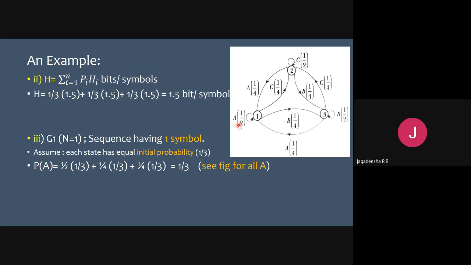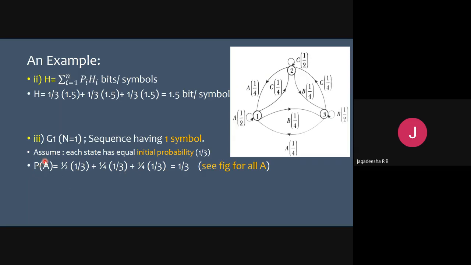So we'll see here, first one. From state 1, it can generate A with probability 1 by 2. That is what is mentioned here. The probability is 1 by 2, and this is the probability that the source was in state 1. That is 1 by 3. That is what we considered initially, that the system can be in state 1 or state 2 or state 3 with equal probability. Next, how can A be generated?